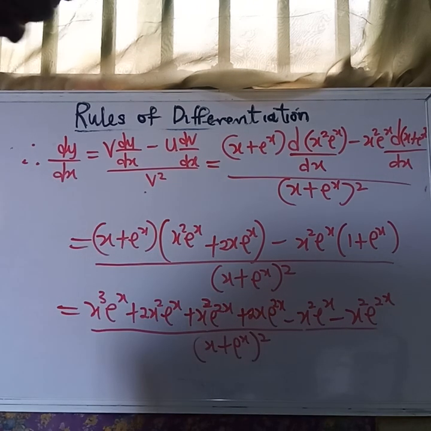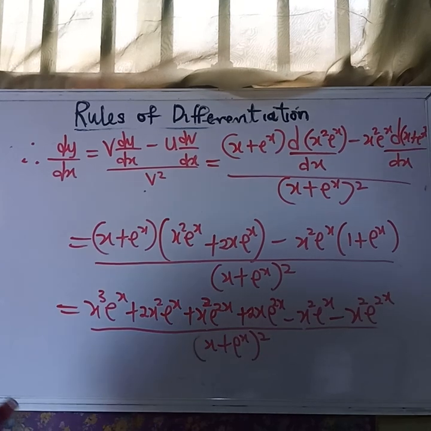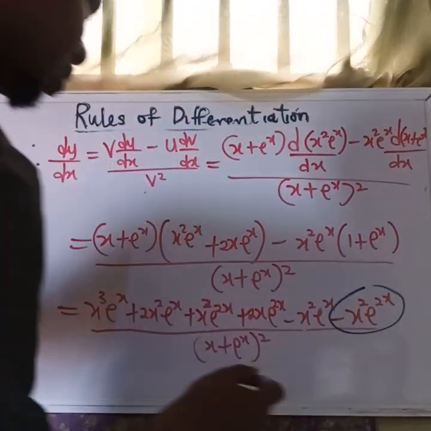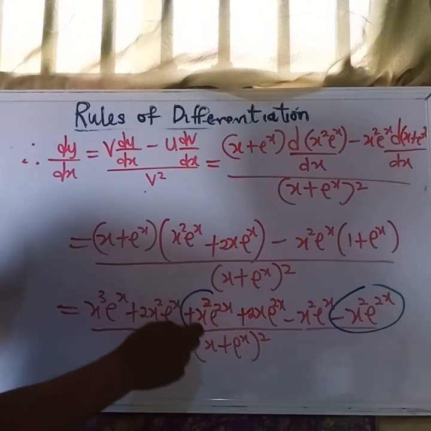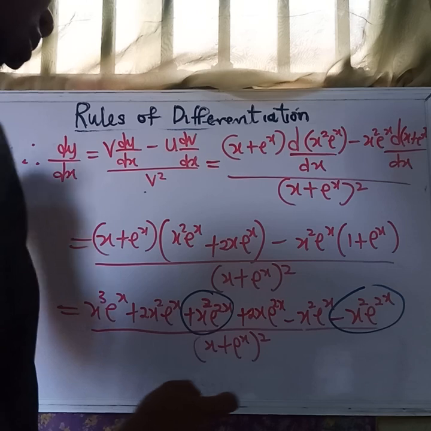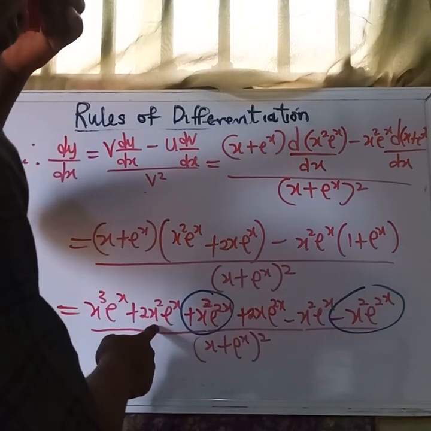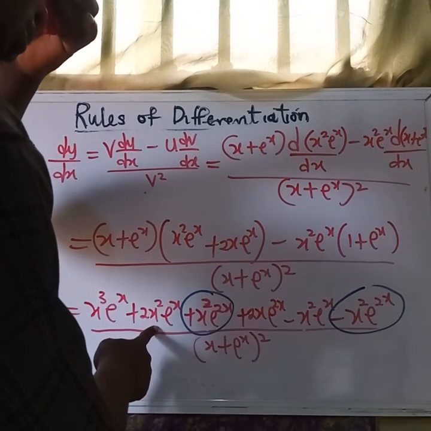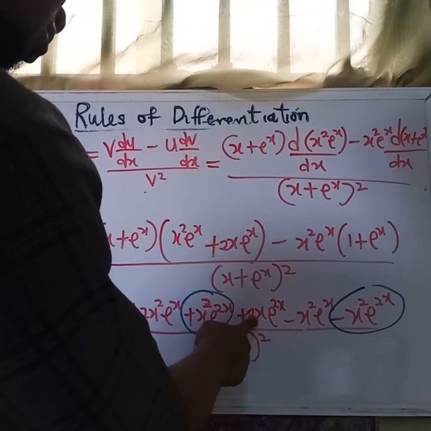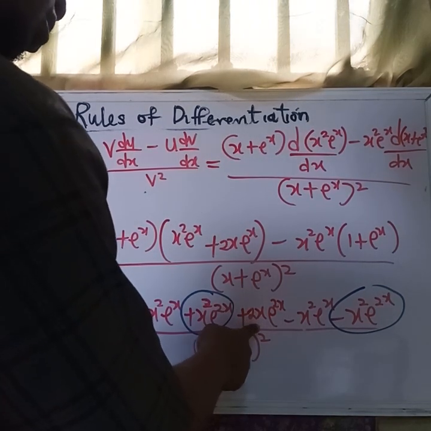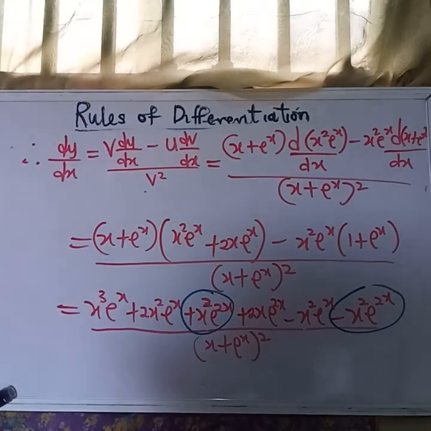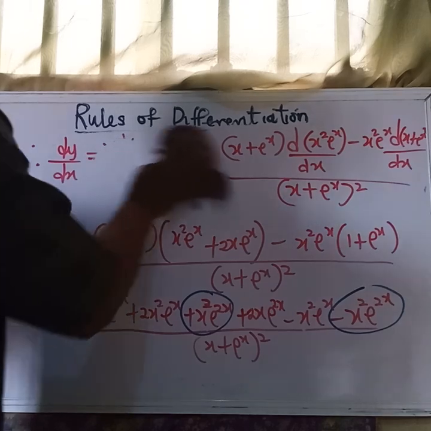Let's use a different pen here. So this term, remove this. And also this term will be reduced by 1. This one will remain, this one will remain. Let's see the final form of this.